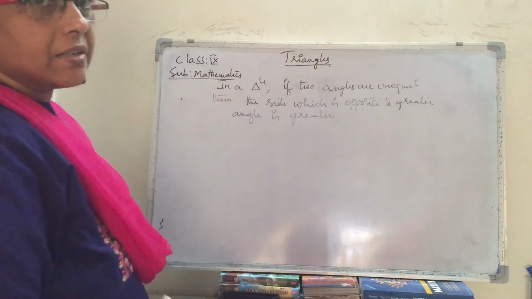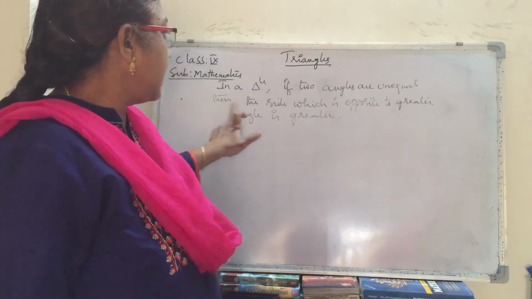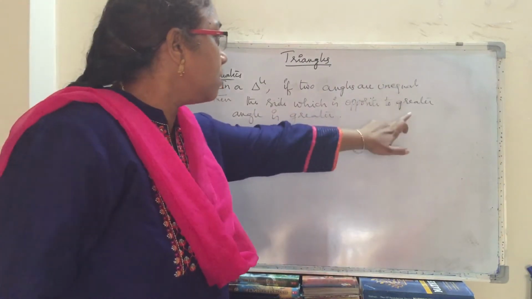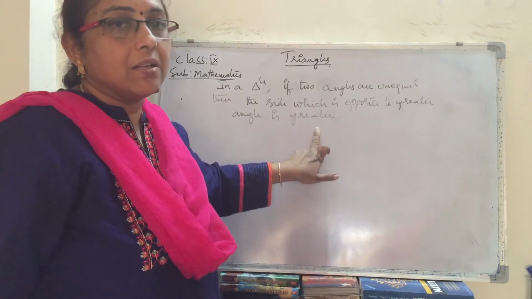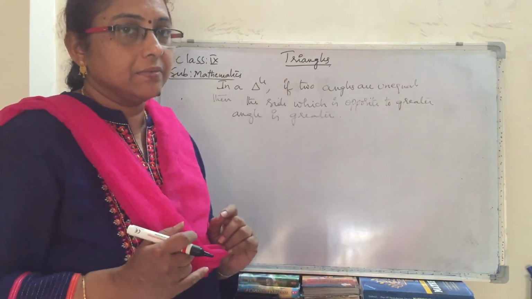Is it clear, children? In a triangle, if two angles are unequal, then the side which is opposite to the greater angle is greater. So whichever angle is greater, that opposite side only is greater.